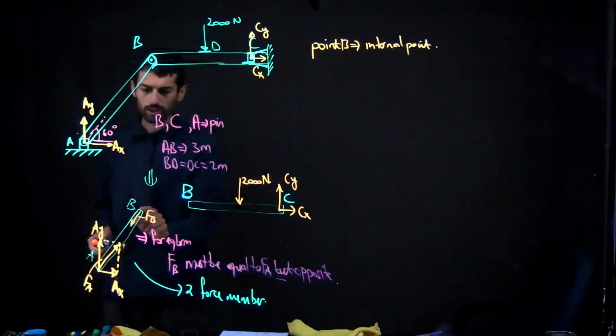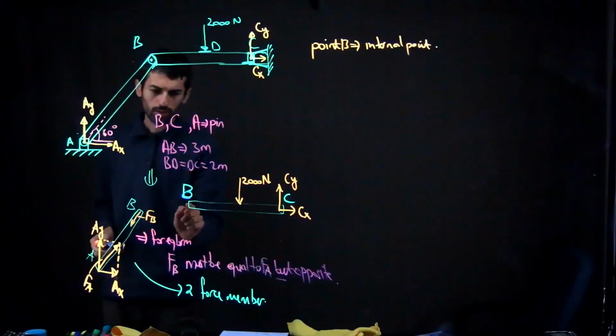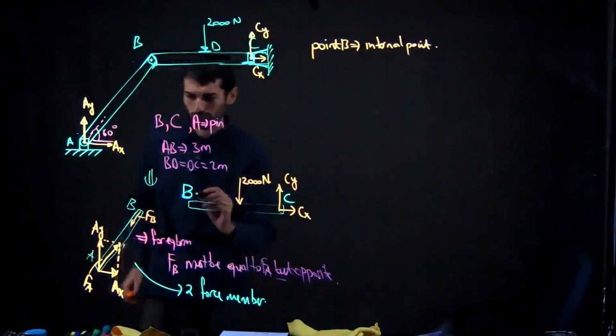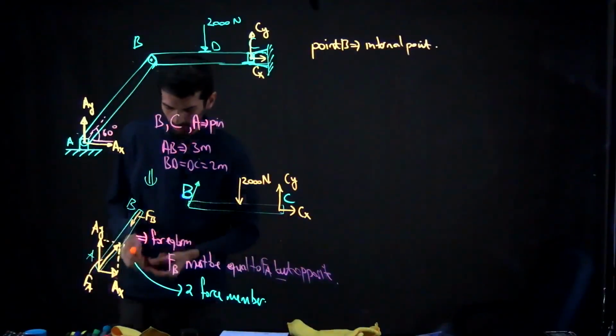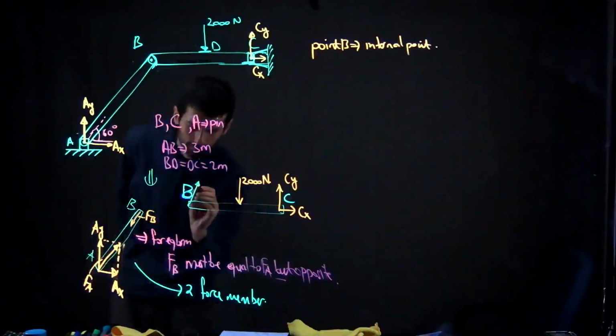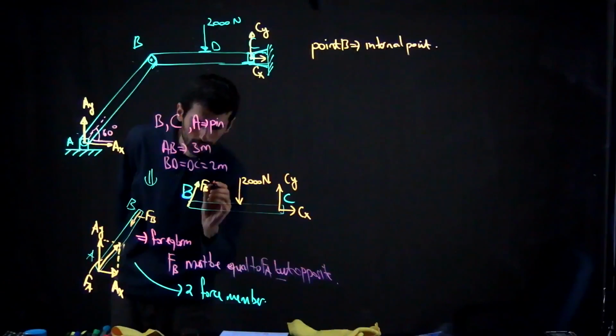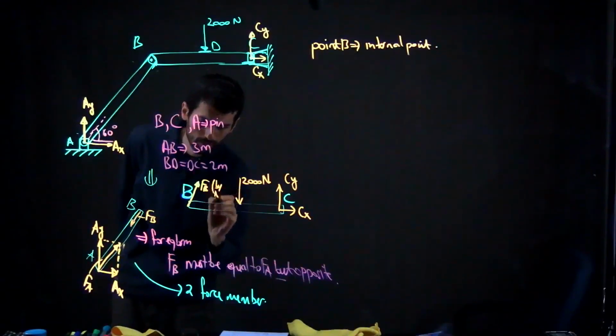Then point B will have, by Newton's third law, an equal and opposite force. Let me use a different color here. Again it is FB, but this one is by Newton's third law.